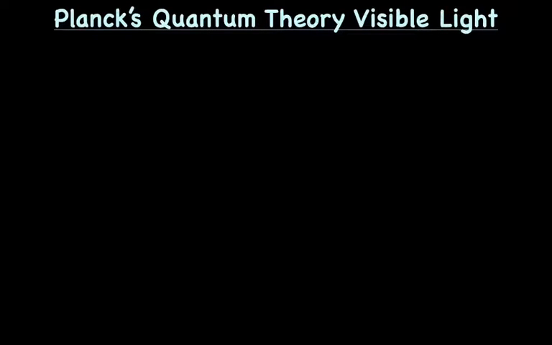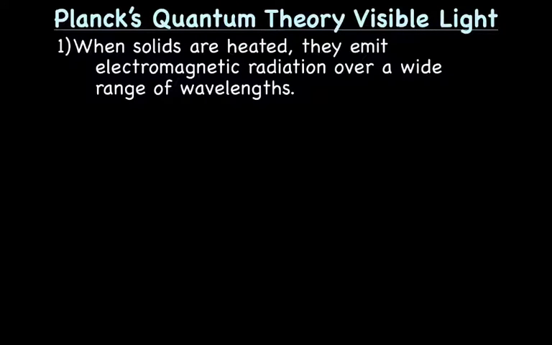Planck's quantum theory and visible light. So, turns out that when you heat solids, they emit electromagnetic radiation over a wide range of wavelengths. And some of these wavelengths we can actually see, right, if they're in the right range.